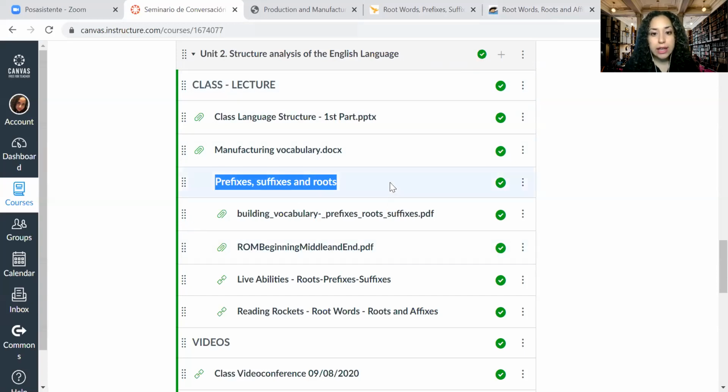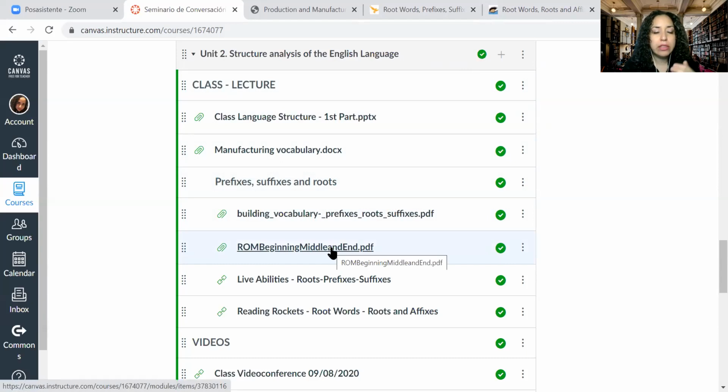And there are readings over there. So you're going to be reading about building vocabulary. There's also this other reading from Beginning English that also talks about the same topic, roots, prefixes, and suffixes. There are these 2 web pages that are recommended.